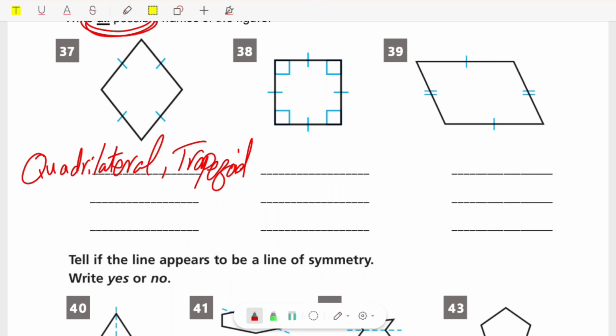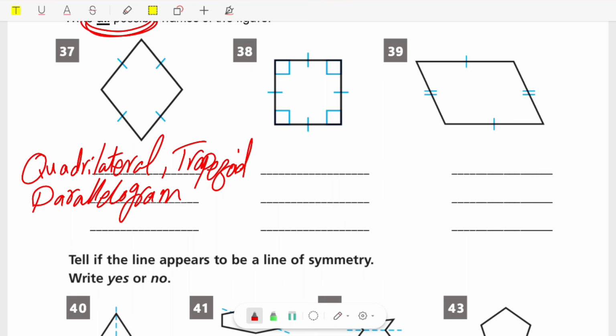And the next one, do we have two pairs of parallel lines here? Yes, so it's a parallelogram. And then, do we have any right angles? We don't have any right angles here, so we can't say that this is a rectangle.